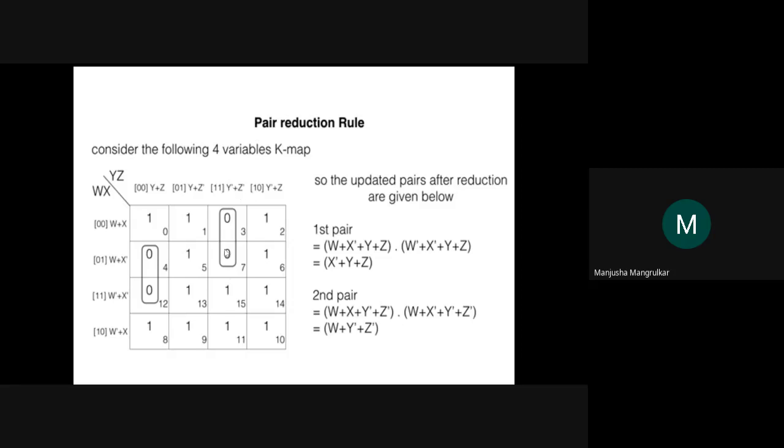What is the term of 7? W plus x complement plus y complement plus z complement. What is the change here? Only x to x complement. So leave this term and consider w plus y complement plus z complement. So this is the term.